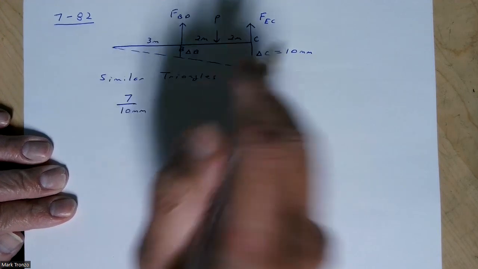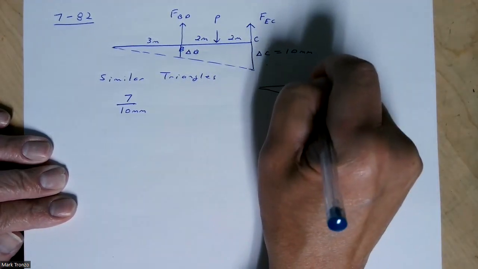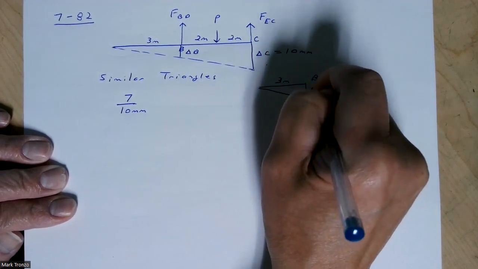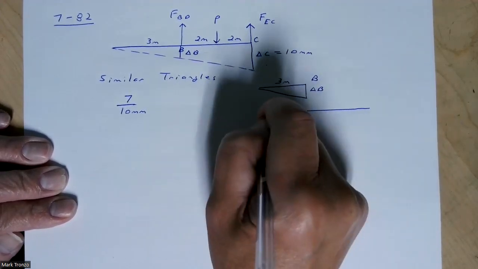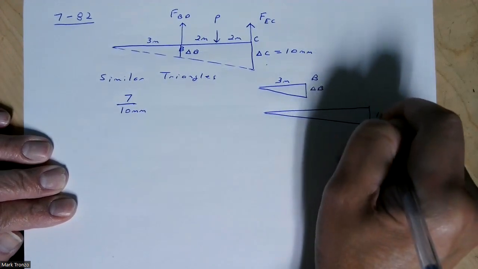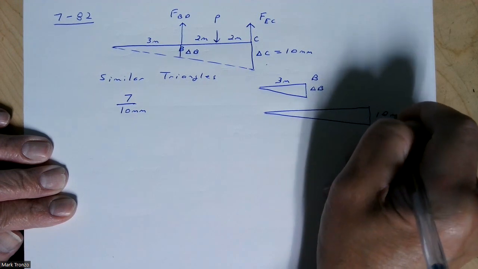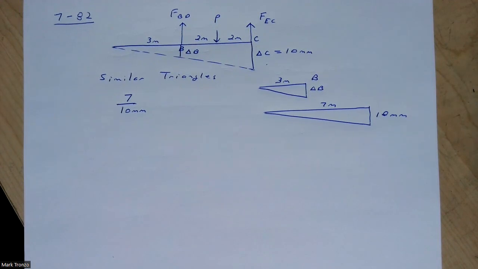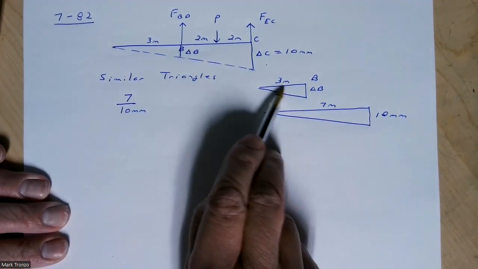So this little triangle, let me show it over here. At B, we had this 3 meters and we have a delta B. And then we have the bigger triangle, which was 10 millimeters and 7 meters, like this. And so this is to this as that is to that.